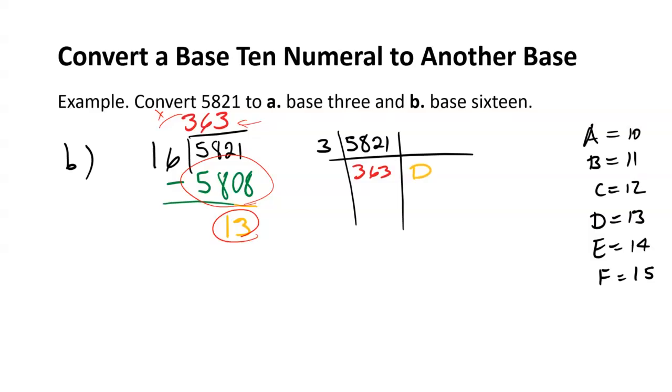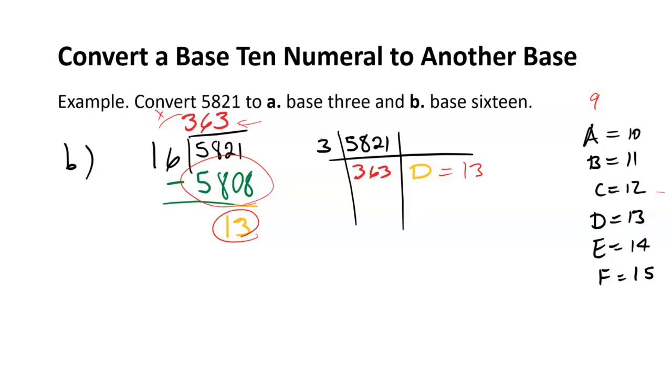And remember that if you're in base 16, the one that we call hexadecimal, after the 9, you have the symbols A, B, C, D, E, and F. So this 13, I would convert it to the letter D. So my numeral or my digit is going to be D, because D is equivalent to 13.